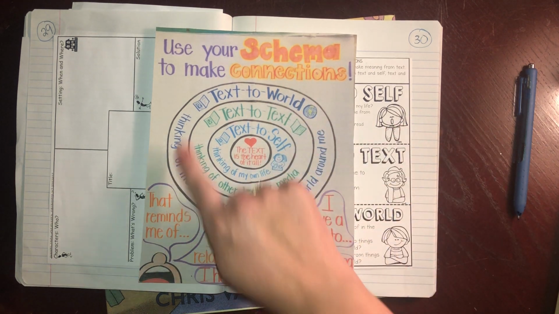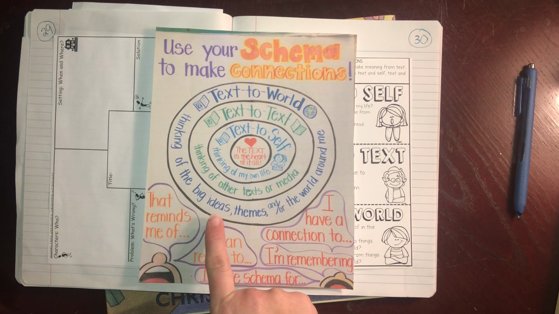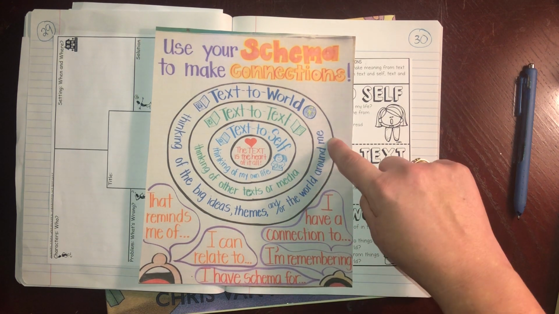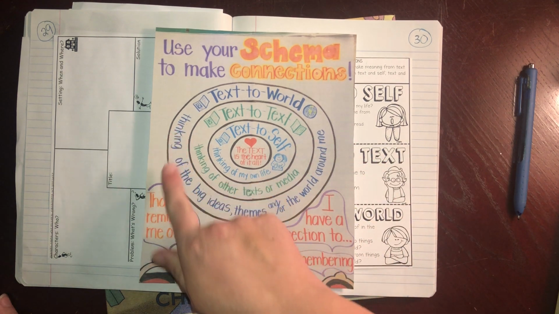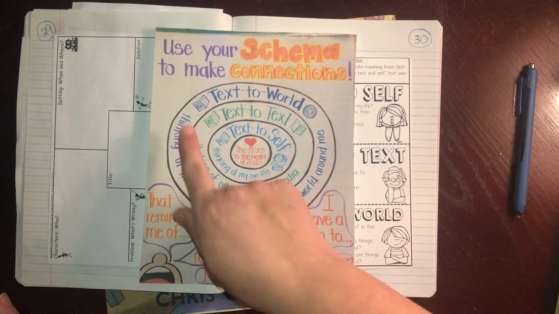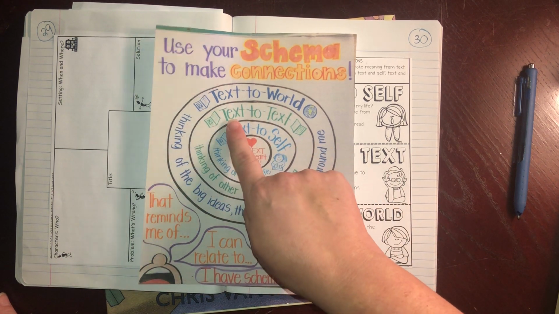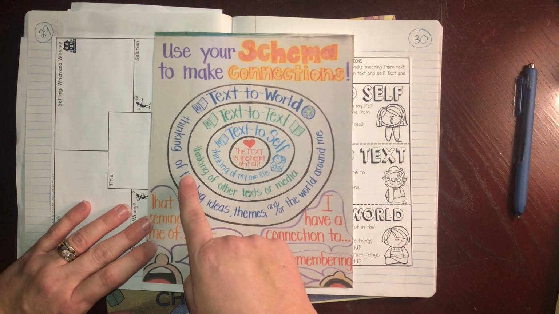Around it gives us a little more understanding. It says thinking of the big ideas, themes, and or the world around me. So things that you might hear going on in your school or on the news, or conversations that you and your family are having. Then as we get a little closer, how can we make those connections from the text to another text that we've read?